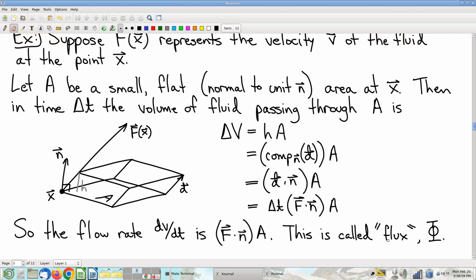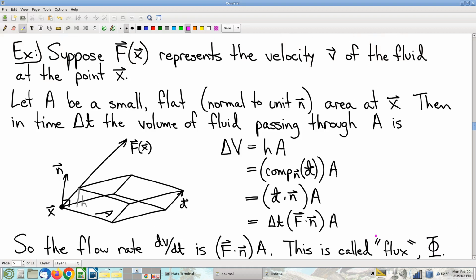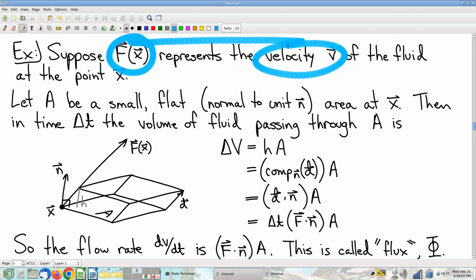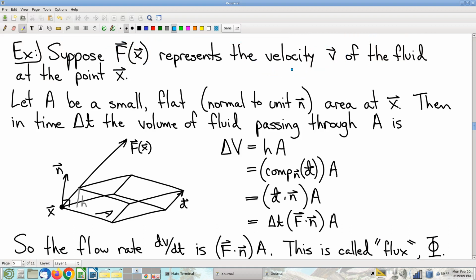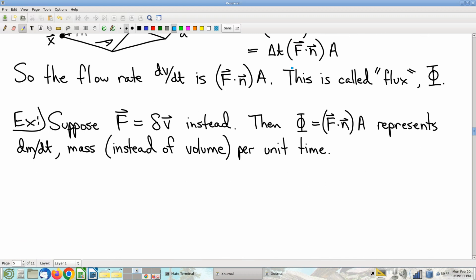Okay, so now I'm going to ask a very similar question. This time, instead of the vector field representing velocity, what if the vector field represents density times velocity? Now, I know that seems weird the very first time you see it, but here's an example of why I might care about such a thing.